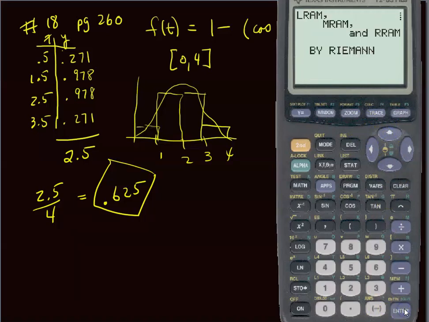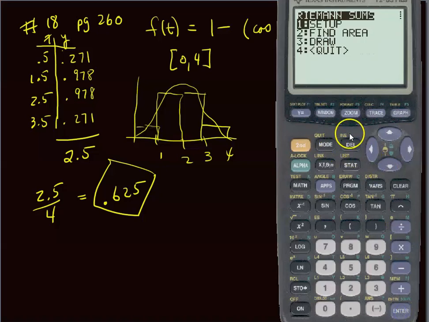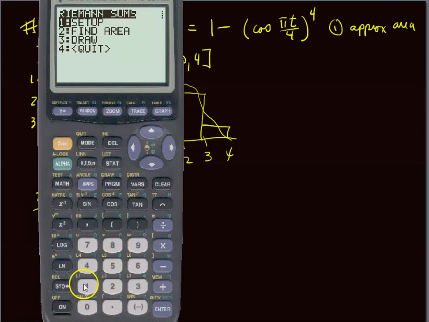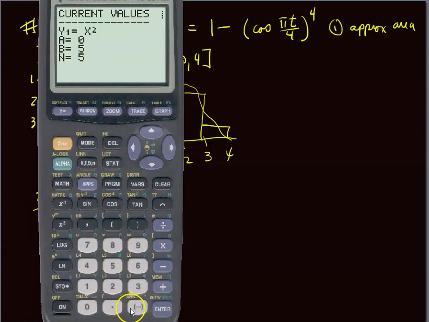Rerun it. Now I'm going to need this function. One minus, put a parenthesis, cosine pi x divided by 4, close the argument.